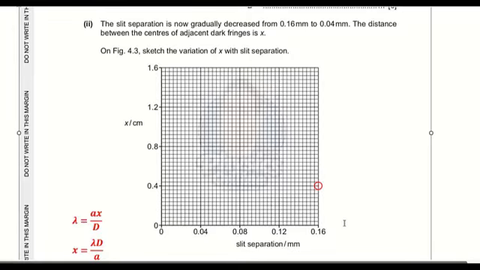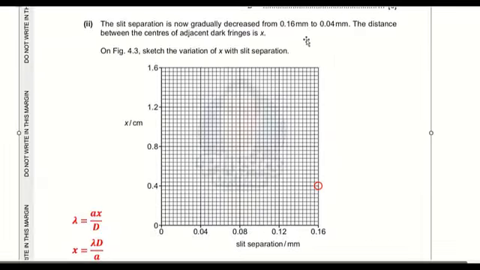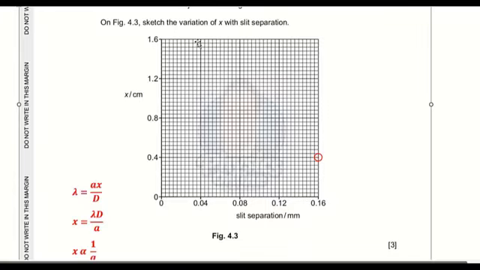For the second point, the slit separation decreases 4 times. From this equation, the fringe separation should increase 4 times. So at 0.04, the fringe separation should be 4 times 0.4, which becomes 1.6. So we will draw the second point here.